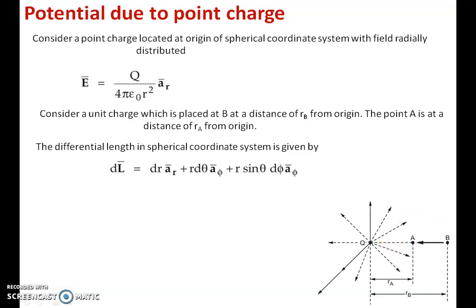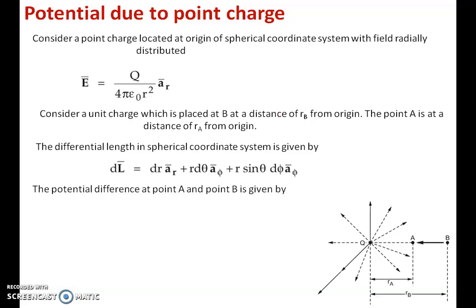Before going to the potential expression, because the field is produced from a point charge, I am considering spherical coordinate system. So the differential length in a spherical coordinate system, dl vector, can be written as dr into ar cap plus r d theta into a theta cap plus r sin theta d phi a phi cap.